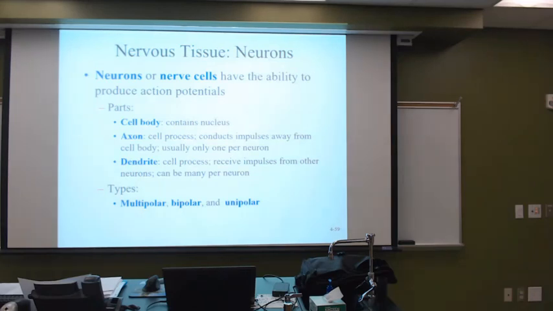Our idea. So, neurons are nerve cells. They have the ability to produce what we call an action potential. If you think about, for example, skeletal muscle movement, for that skeletal muscle to move, we have a nerve attached to it.